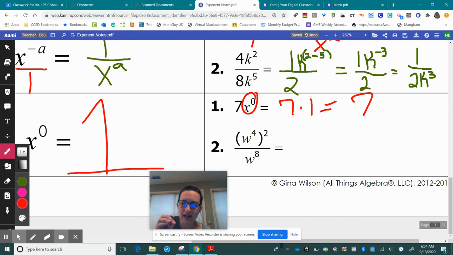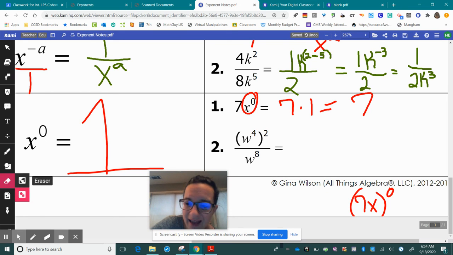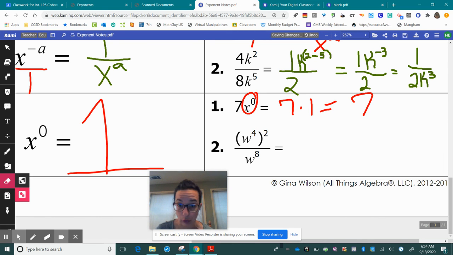So anything to the 0 power cancels out, but the 7 is not a part of the base. Now, if it was 7x in parentheses to the 0, then the whole thing would become 1, because the 7 is to the 0 and the x. But that's not what we have. Remember, those in parentheses change the meaning, so watch out for that. There's no parentheses, so only the x is to the 0 power.